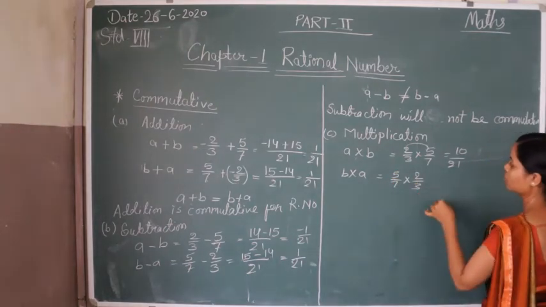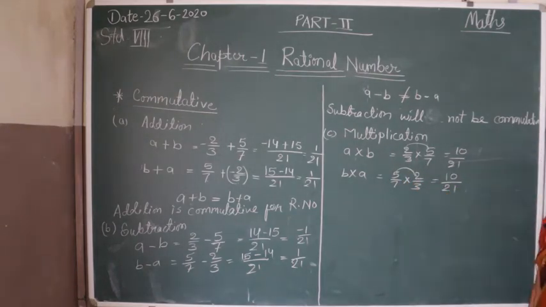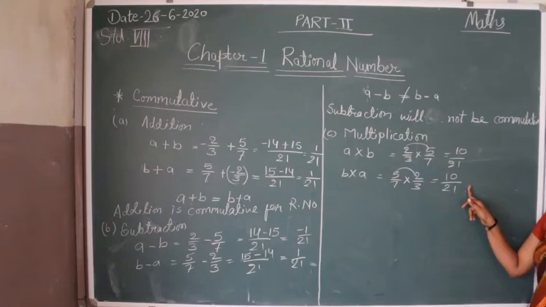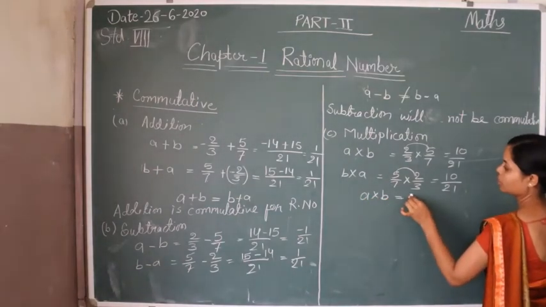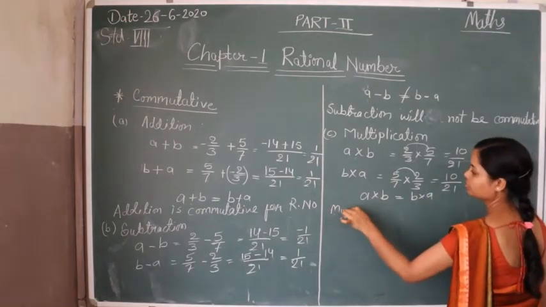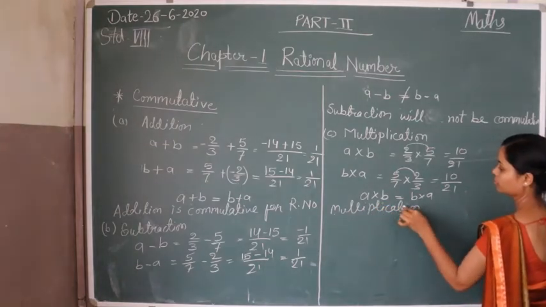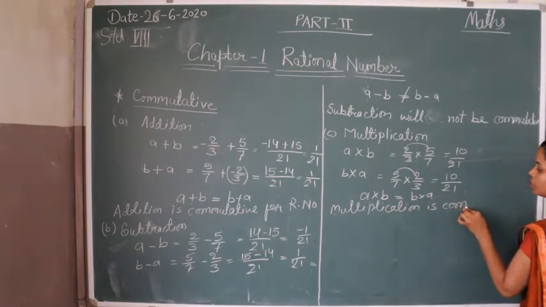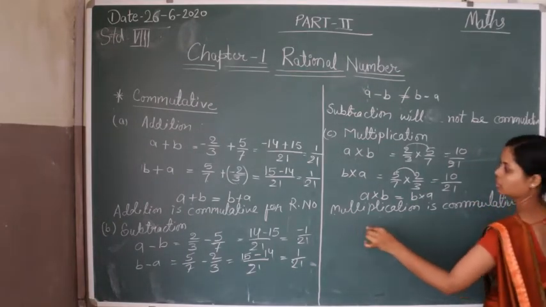By exchanging the place of the rational numbers, 5 2s are 10, 7 3s are 21. Both are same. So we can say that A into B is equal to B into A. Multiplication is commutative.